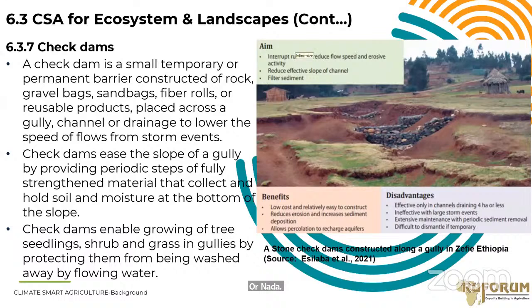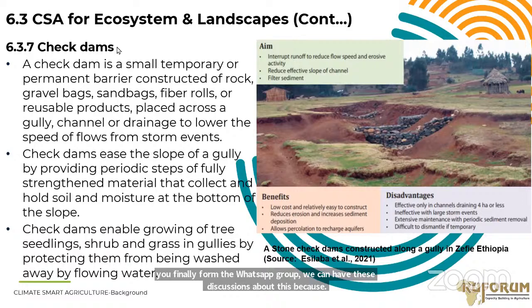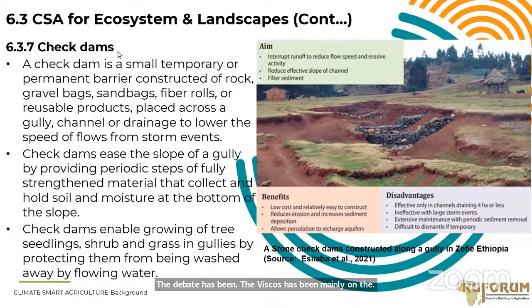This was a very interesting one, especially the debate about methane emissions from livestock. I think that we can revisit that. If we finally form the WhatsApp group, we can have discussions about this, because the discourse has been mainly on the emissions from extensive vis-a-vis intensive systems.